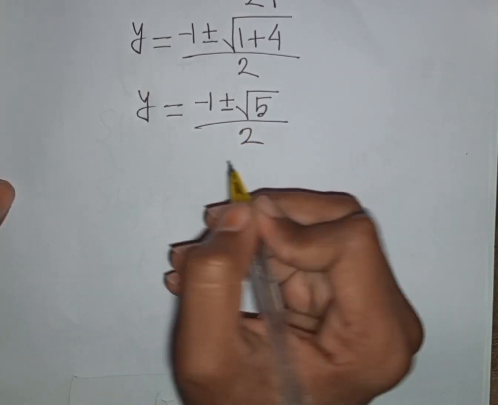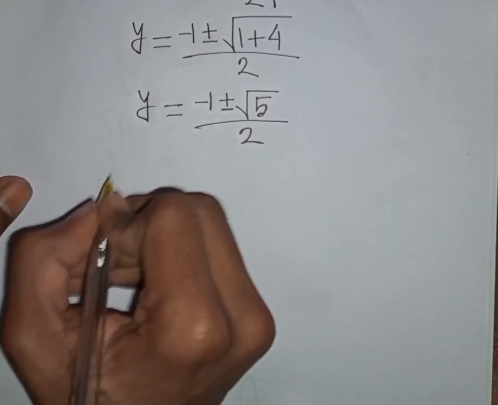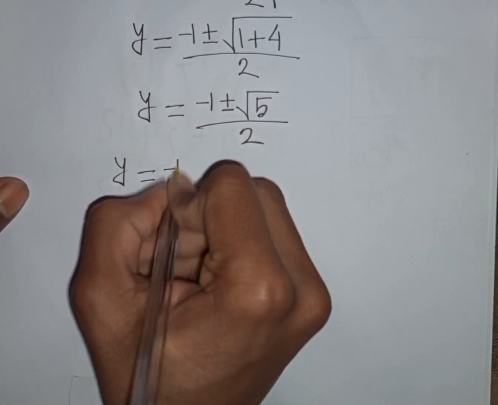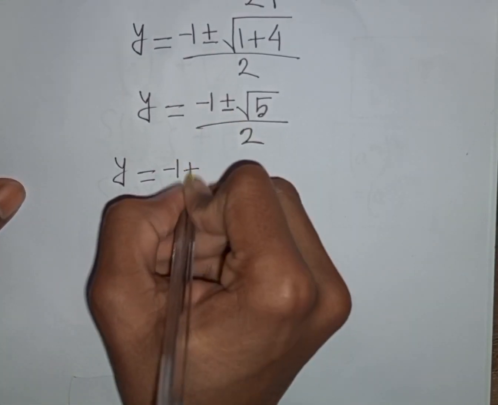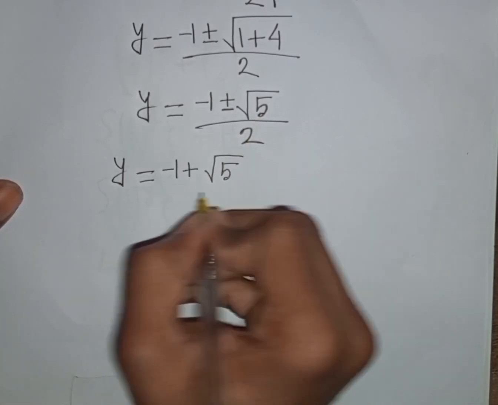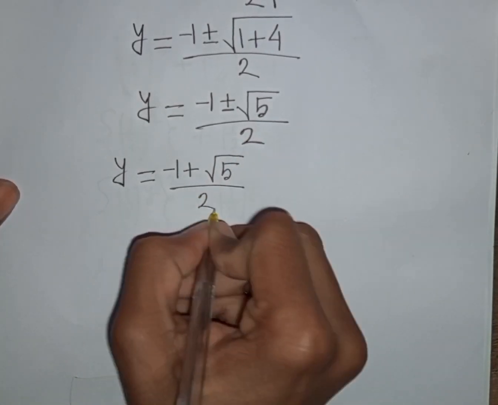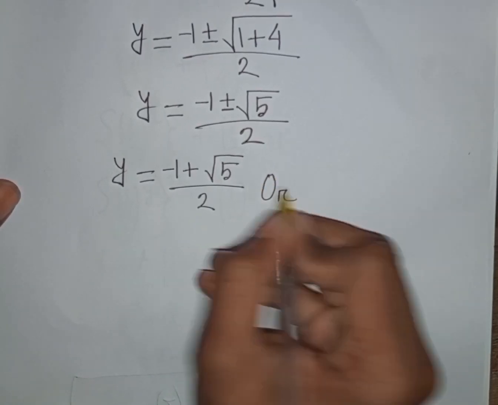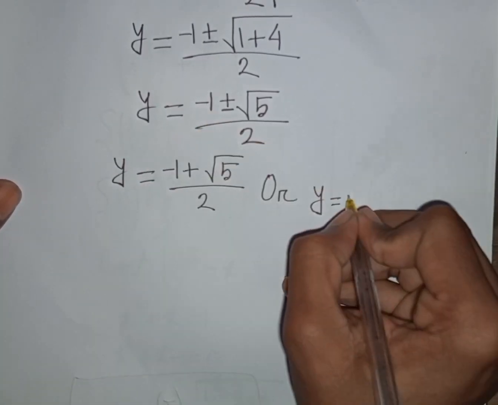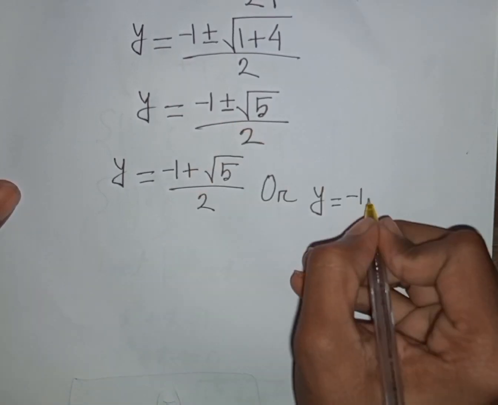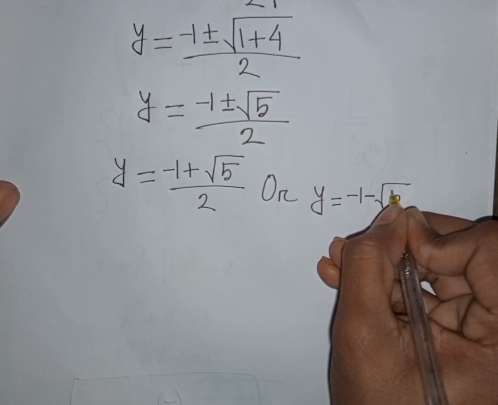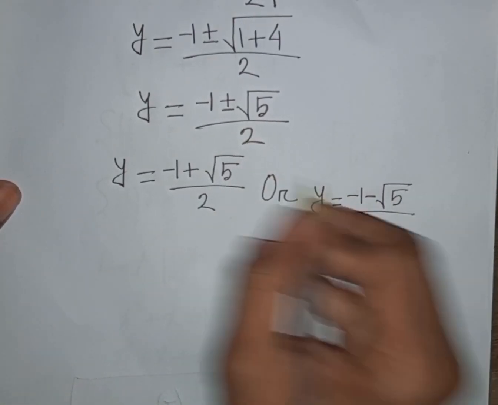Now we see here two cases: y is equal to minus 1 plus square root of 5 divided by 2, or y is equal to minus 1 minus square root of 5 divided by 2.